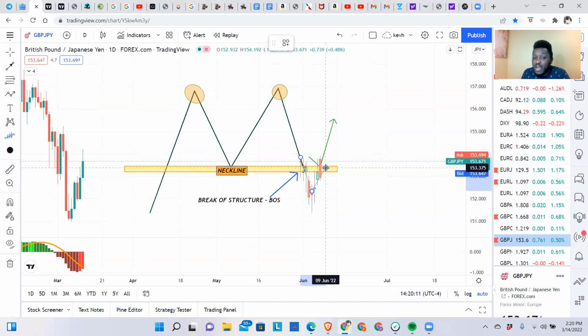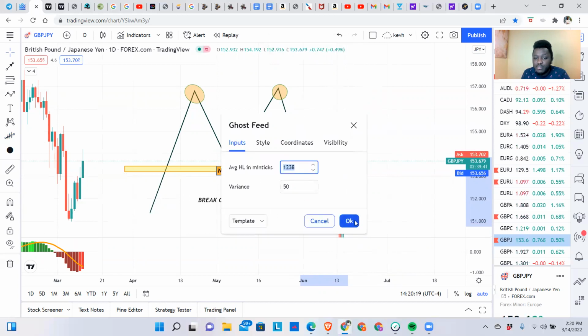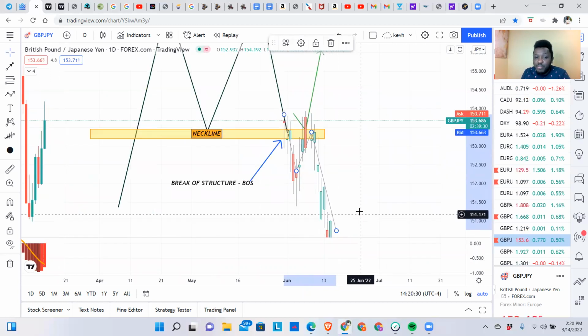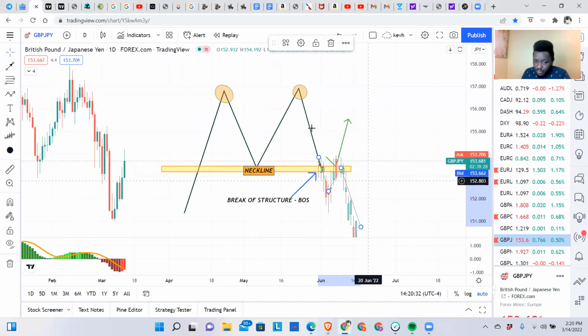You wait for the market to come back to the neckline, and this is where you're going to catch your sell position. You catch the neckline, market comes back here, and this is where you are going to sell. So pretty much what are you waiting for?